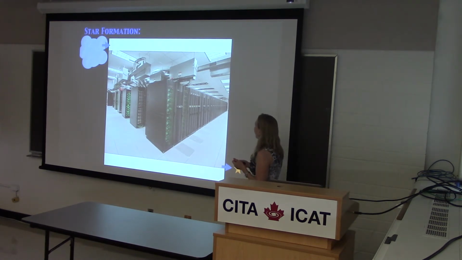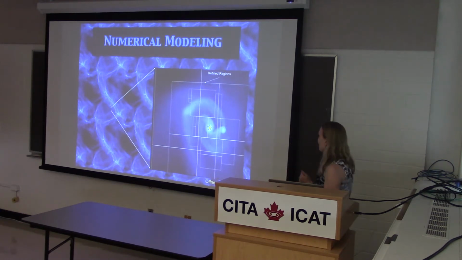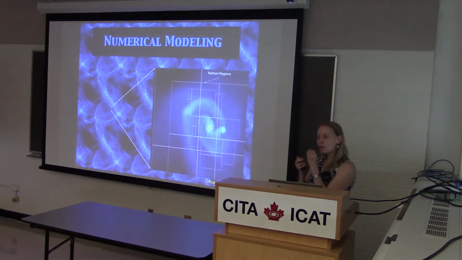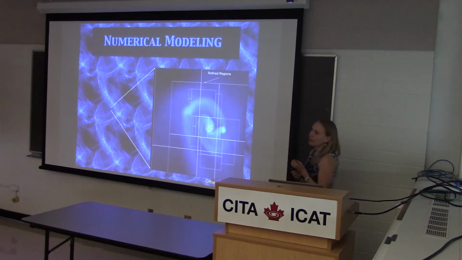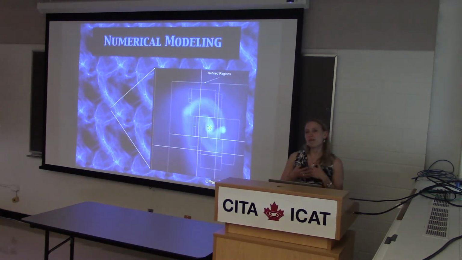The calculations I'm going to talk about today use the adaptive mesh refinement code Orion, which basically inserts smaller cells in regions of interest, such as around protostellar disks, and then follows the more boring regions, these voids, at much lower resolution. So it makes it computationally efficient.